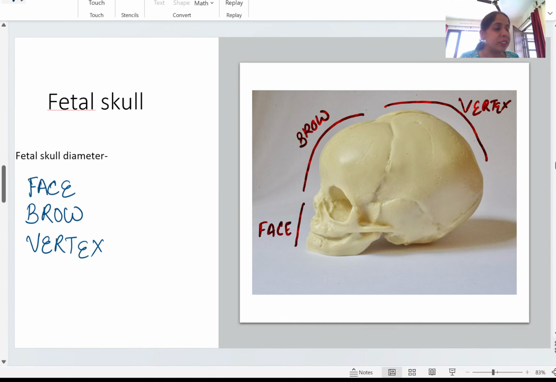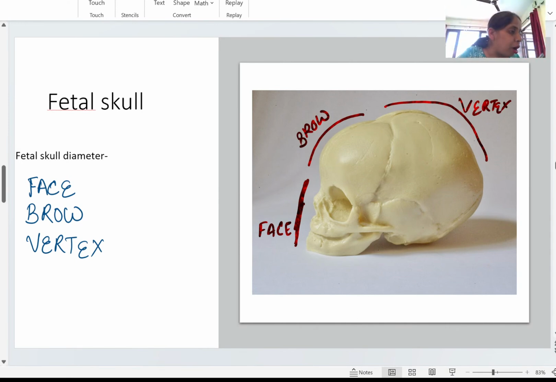Okay. Let us now study the fetal skull. The fetal skull has different parts. The one which is below the supraorbital ridge, what do we call it? Face.